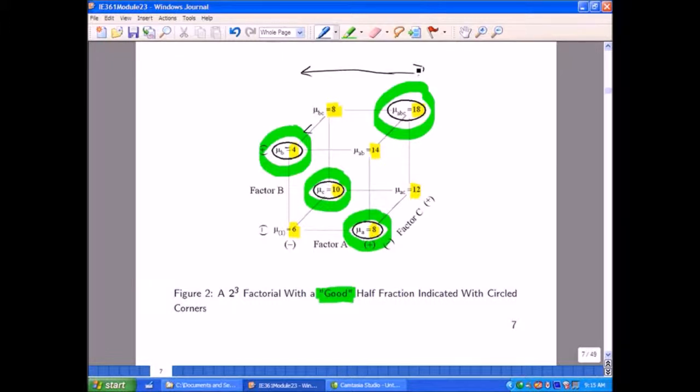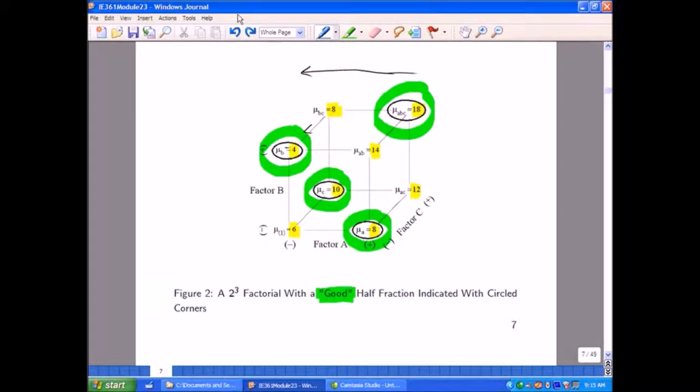If I take the left face and smash it into the right face, and if there was really not much difference between them, I would have a full factorial in factors B and C. That is, if I collapse left to right, I'd have a full factorial in B and C. If I collapse top to bottom, I'll have a full factorial in A and C. If I collapse front to back, I get a full factorial in A and B.